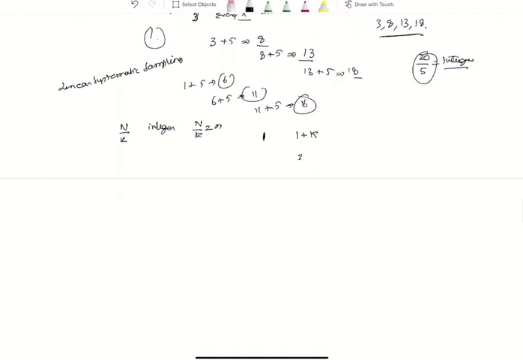This is the second item. The third item you will pick will be 1 plus 2k. So the last item is going to be 1 plus (n minus 1)k.